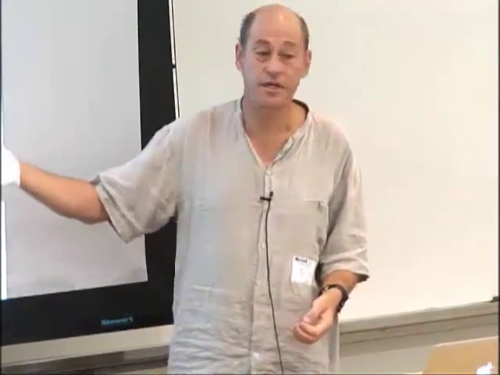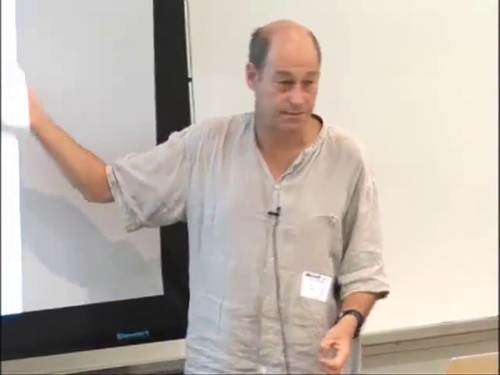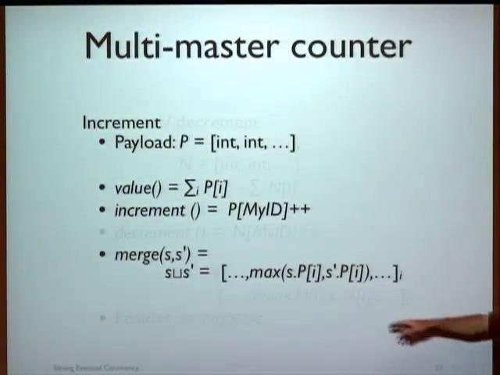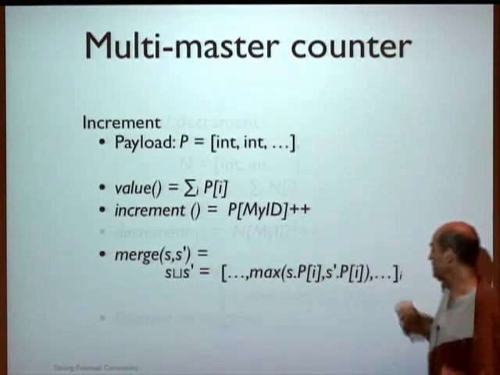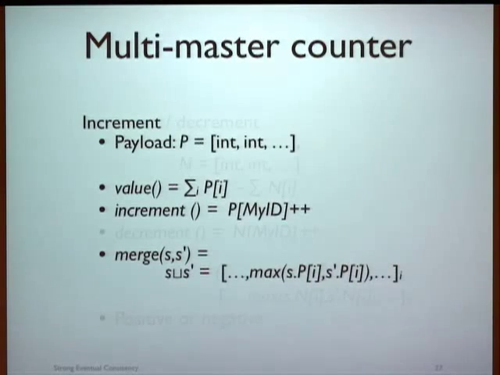This is indeed a semi-lattice. My updates always go forward in my semi-lattice, and the merge function does take the least upper bound in the semi-lattice. Okay, that's going to work, but that only works for increments. So how can you do decrements? Well, you just take two of these, right? And you take the difference between the two.